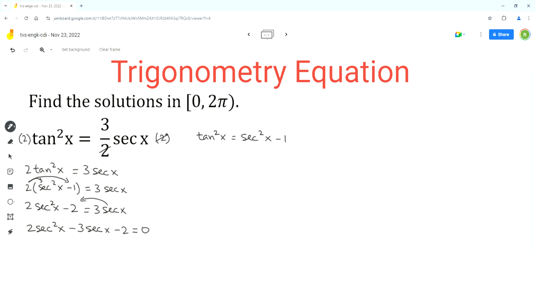So we have to find two numbers whose sum is negative 3 and product is negative 4. Two numbers that multiply to negative 4 and add to negative 3 are negative 4 and 1. Next, we can use these two numbers to break up the middle term.